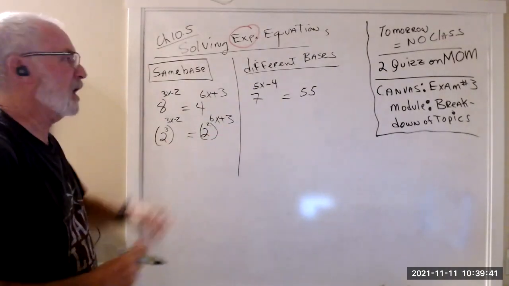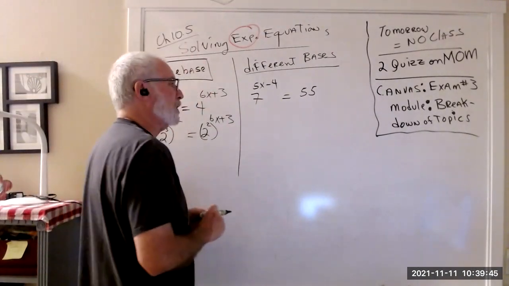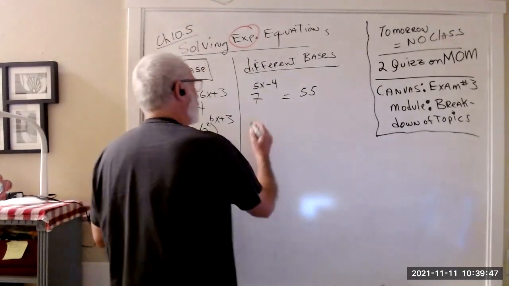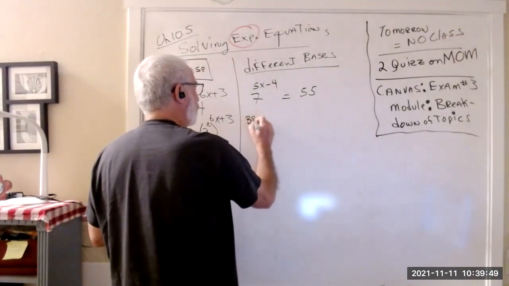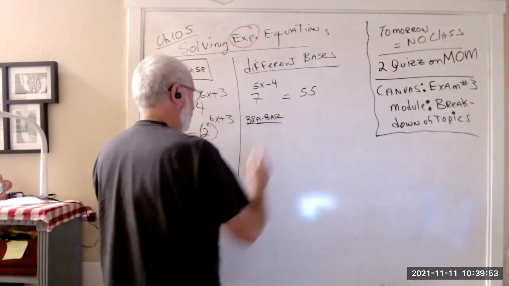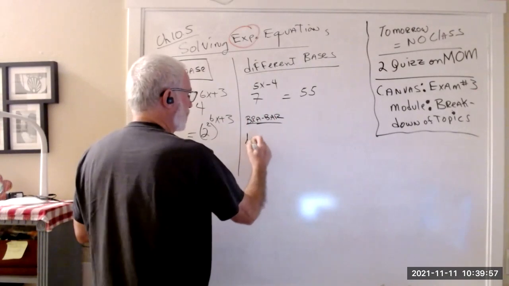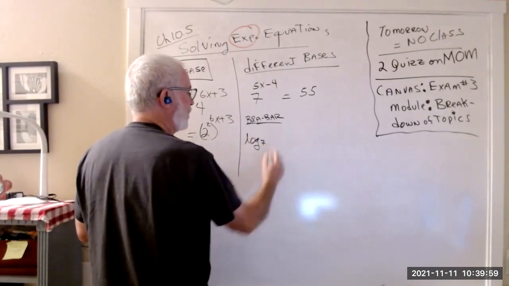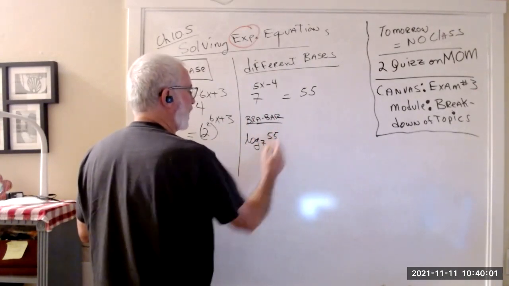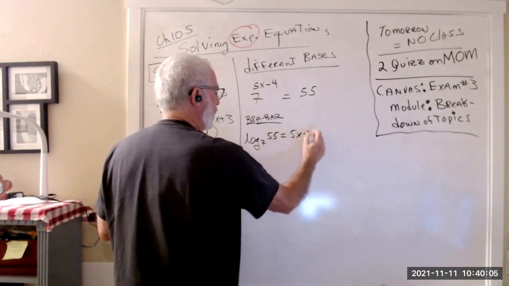You can't. So there were two ways we did this. Method number one was just apply the Bra-Bar rule, and that became log base 7 of 55 equals 5x minus 4.